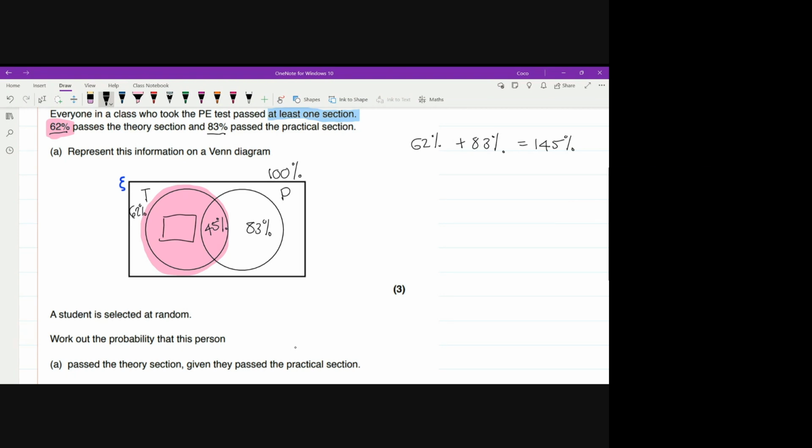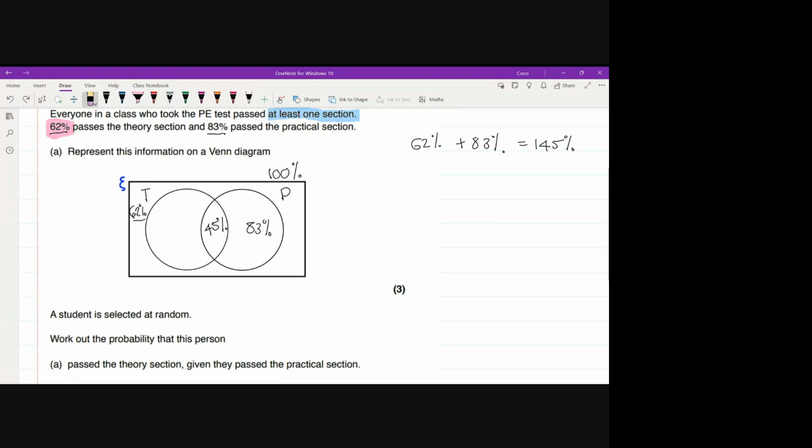We'd need to take 62 minus 45 to figure out how many people passed theory only. Am I making sense? Thumbs up, thumbs down. So we need to take 62 minus 45 to get the rest of it.